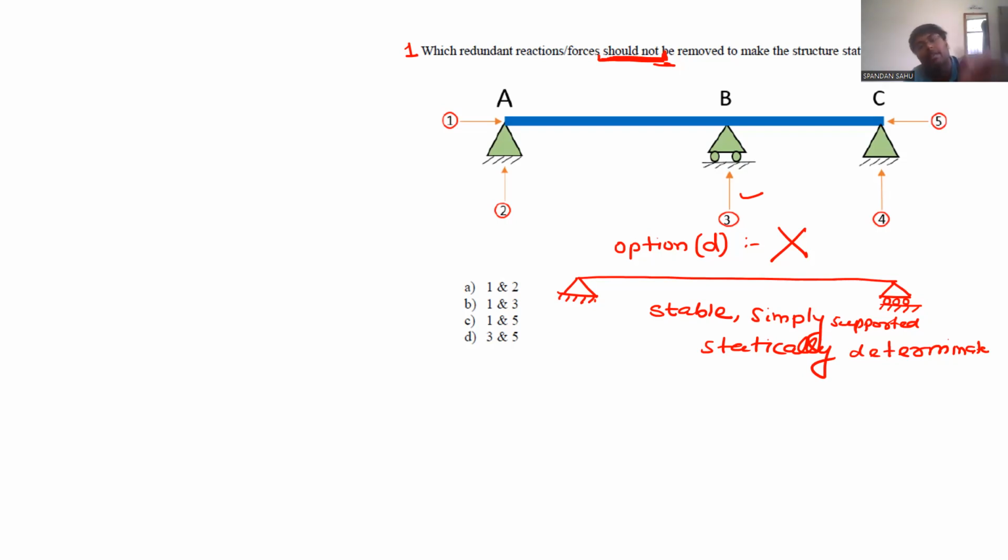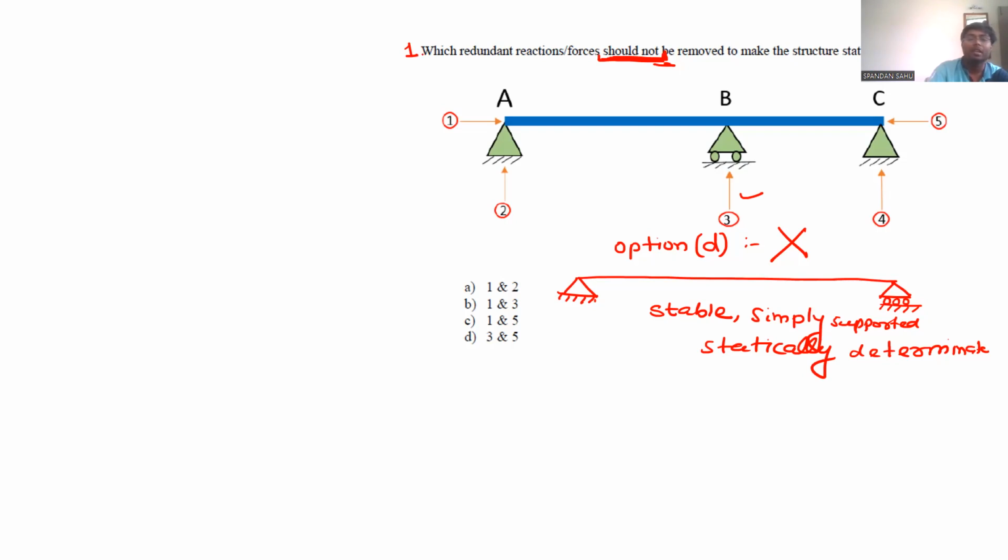So you have to select from the combinations 1 and 2, 1 and 3, 1 and 5, and 3 and 5, out of which option 3, 5 is eliminated. So you are left with options A, B, C. Out of those 3 options, there is one in which, if you remove 2 of those redundants, then your structure might be statically determinate, but that can't be used because the primary structure won't be stable. 1 and 5, then option C.